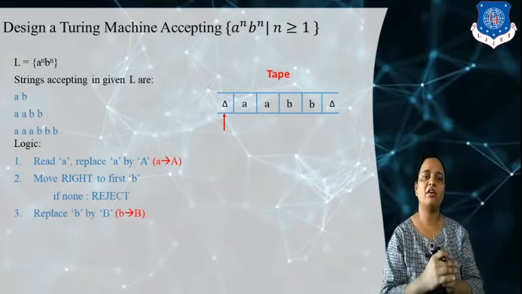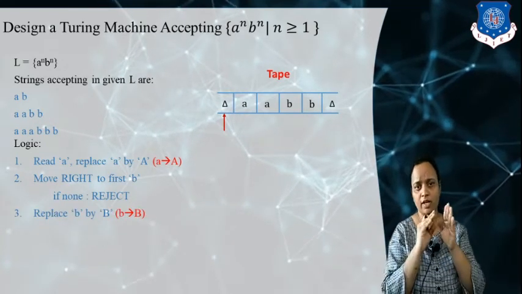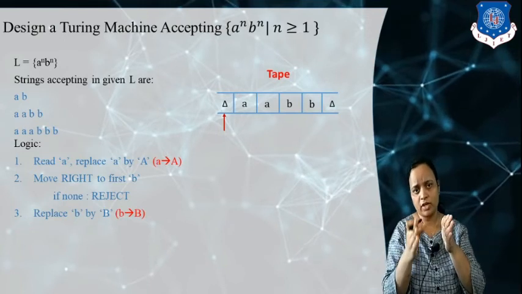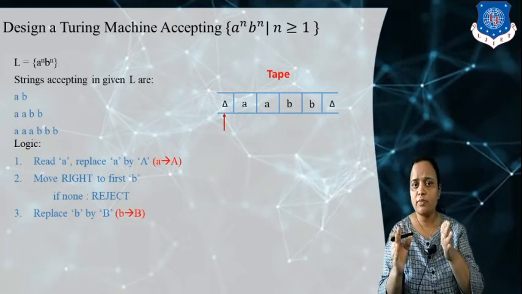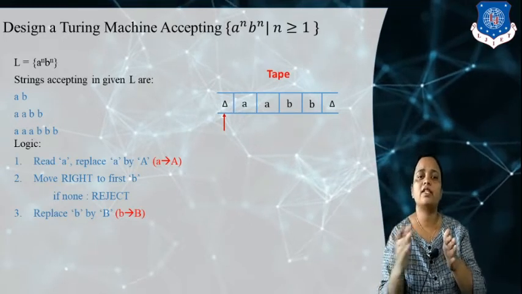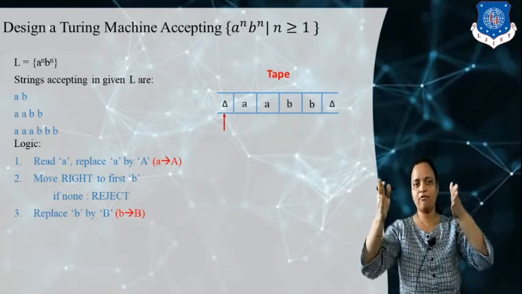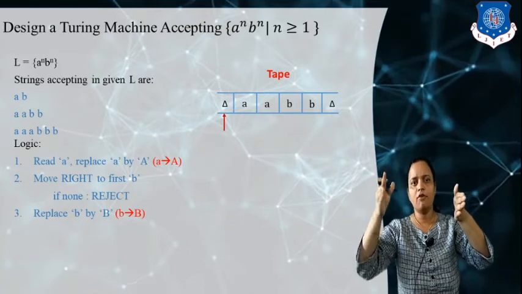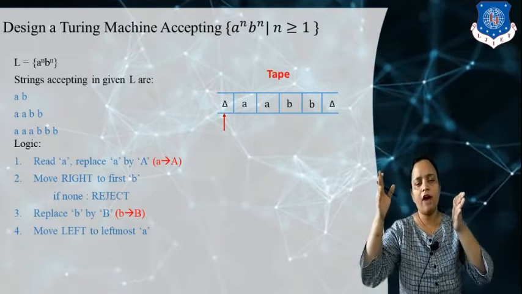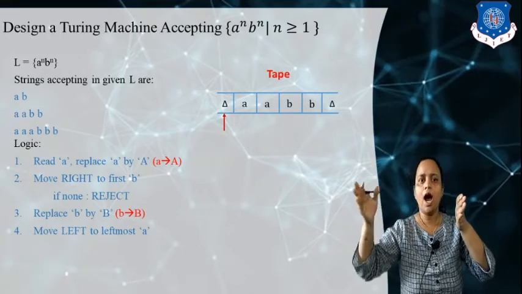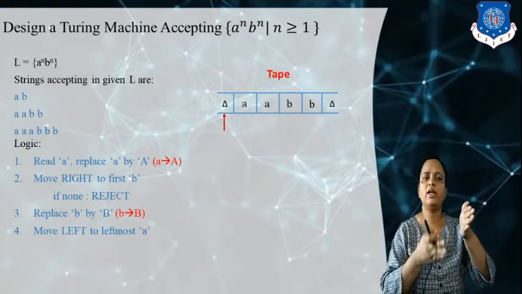Now if I find the first b when I move to the right side, this b is replaced by capital B. So this is my first count, first a and first b. Now step number 4 says that after counting the first b, again repeat the same counting.